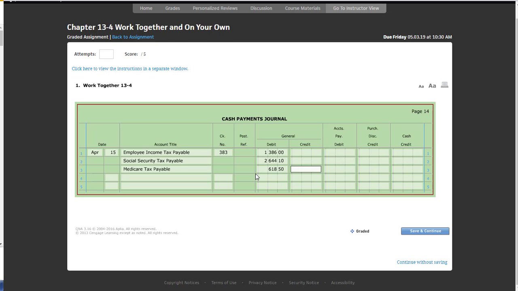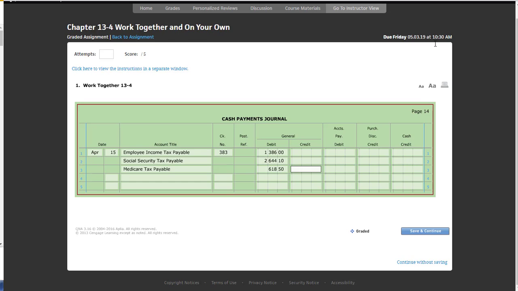If you are a quarterly depositor, you have to have it in by the end of the month after the quarter. So for us, if we were a quarterly one, it would be by April 30th. If you are a semi-weekly scheduled depositor, it gets a little bit more confusing, but I'll let you know you won't have that example in class.